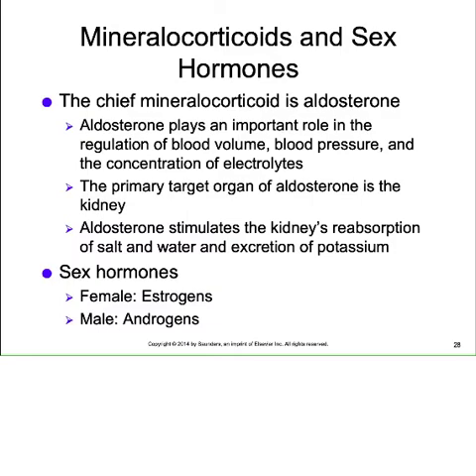The mineralocorticoids, aldosterone, we've discussed, right? The kidney is the target here, right? And then the sex hormones, estrogens and progesterone, and in the male we have the androgens like testosterone. Okay. The estrogen and progesterone is important in the female because it regulates the menstrual cycle, well, we say the uterine cycle, and the ovarian cycle.